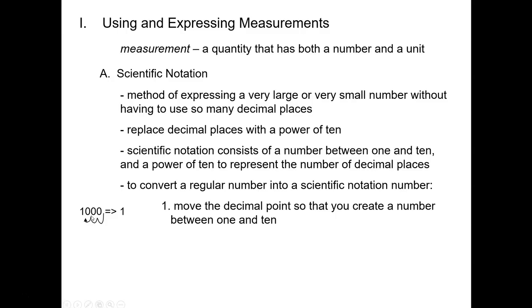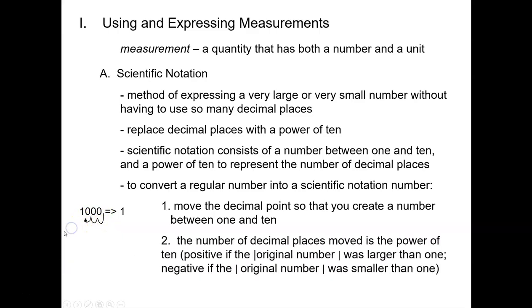Like I said before, we can't have it at 10; we have to have it less than 10. So if I move it one more, right here, this becomes the number 1. Now all I need to do is keep track of how many places I moved it. That's my power of 10. The number of decimal places moved is the power of 10. I moved it 3 places, so this is going to be 1 times 10 to the 3rd power, because every decimal place you move is a power of 10.